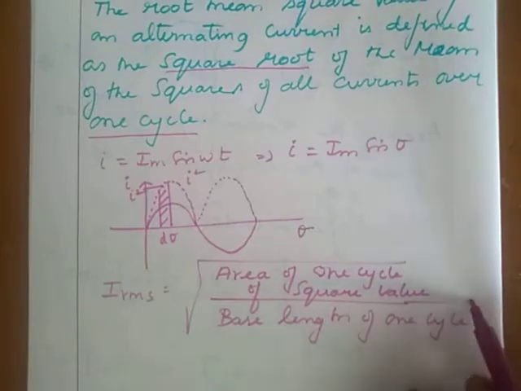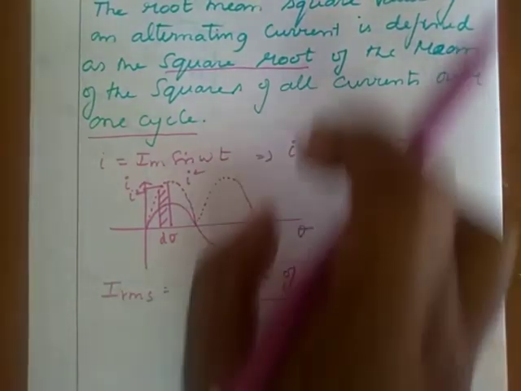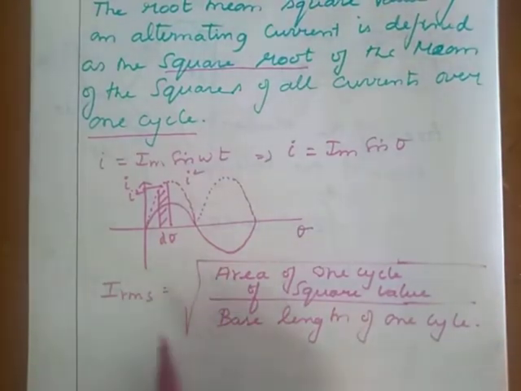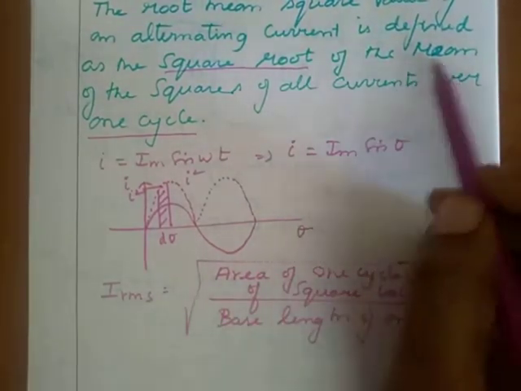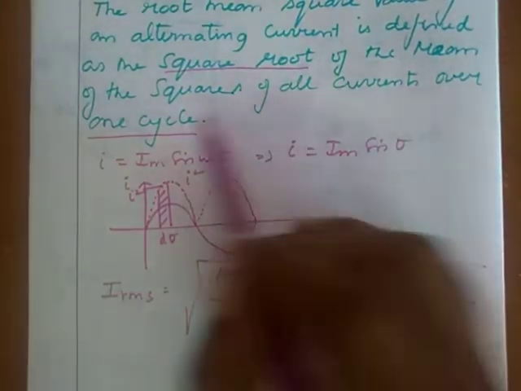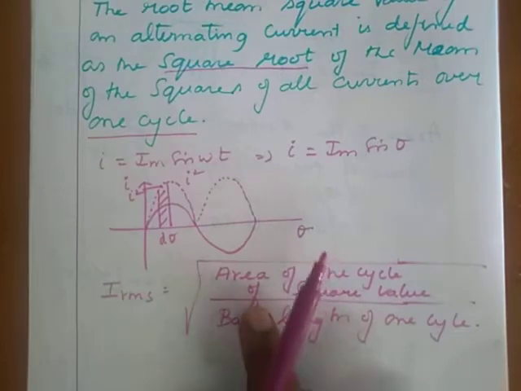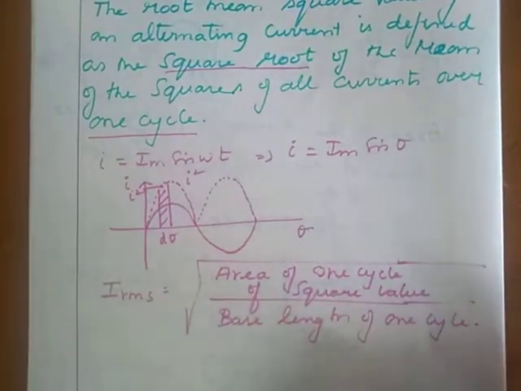Here I am writing this formula from this definition alone. See, I RMS is the square root of the mean of the squares of all the current over one cycle. That is nothing but the area of one cycle of the squared wave by the base length of one cycle.